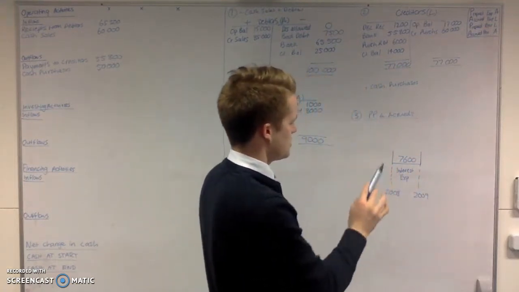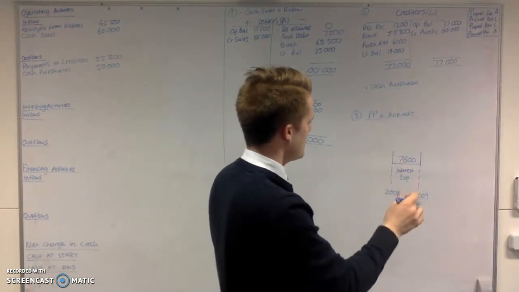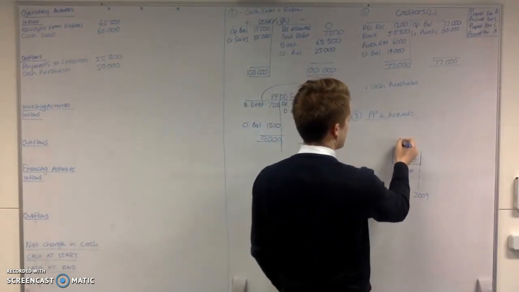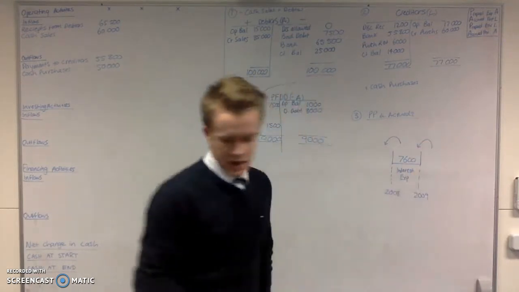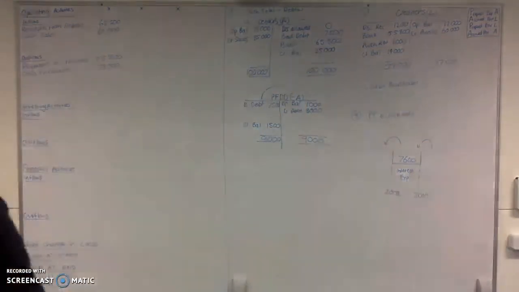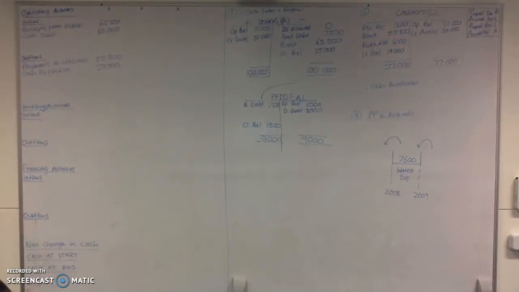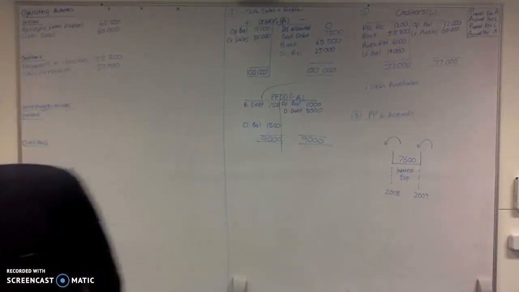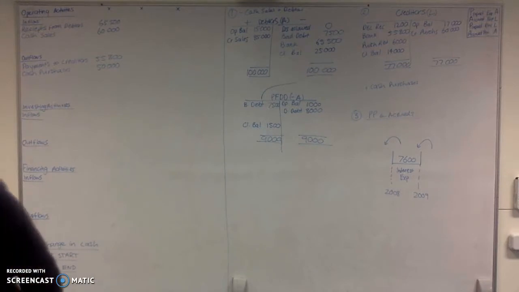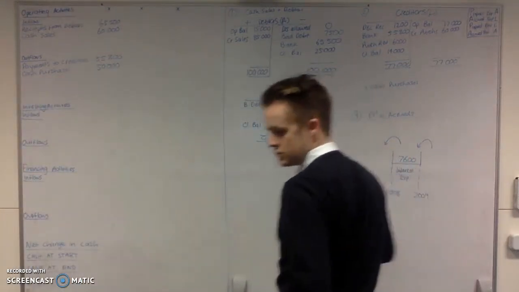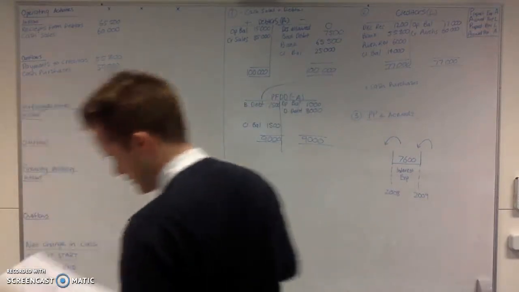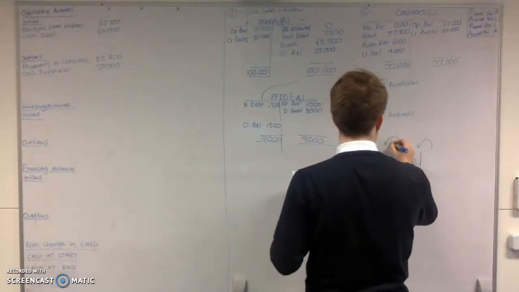We know we've got prepaid, so that means our arrows are going to the left. And then it's a matter of putting in the prepaid interest at each period. So in 2008, our prepaid interest was 600.